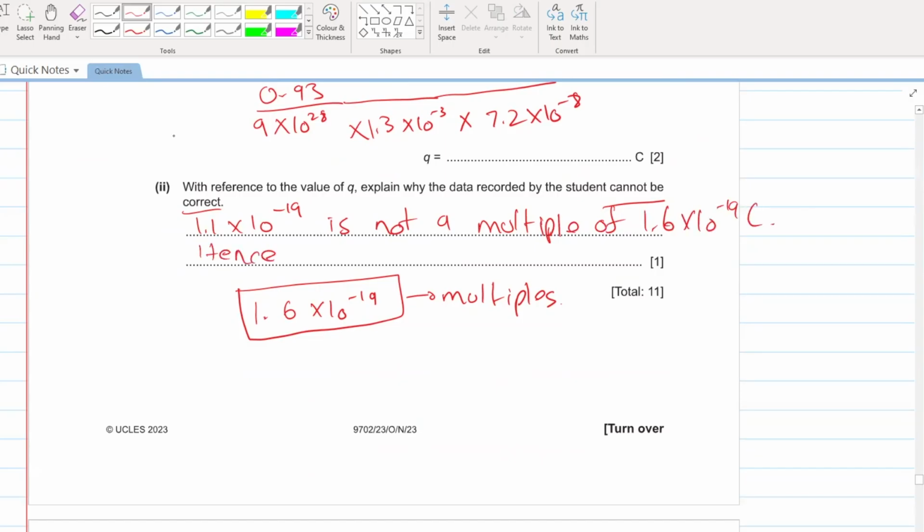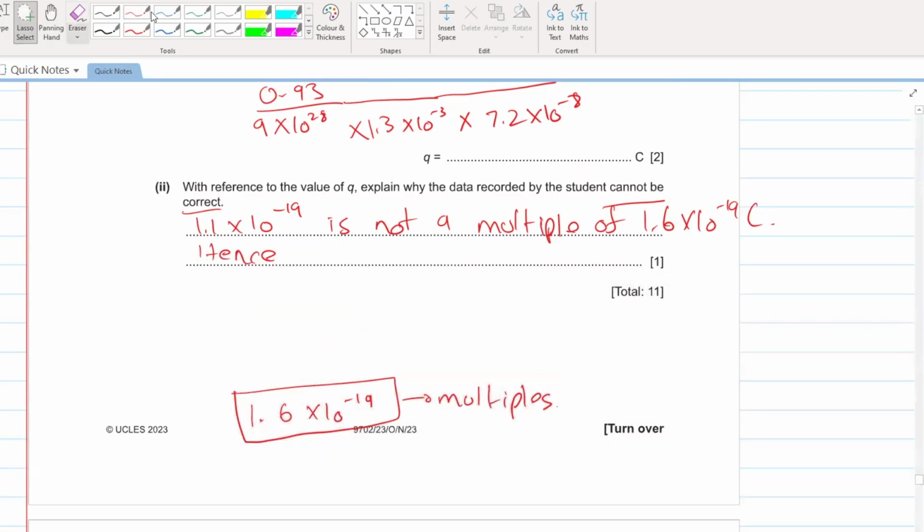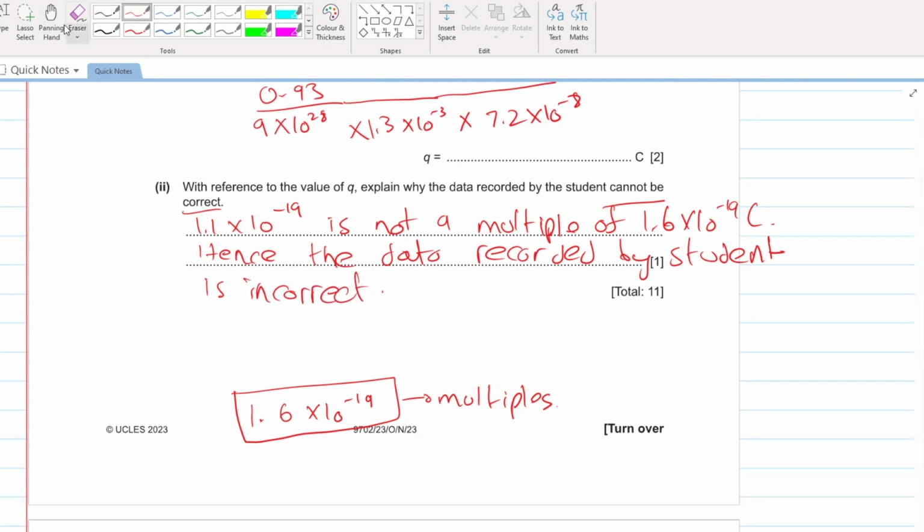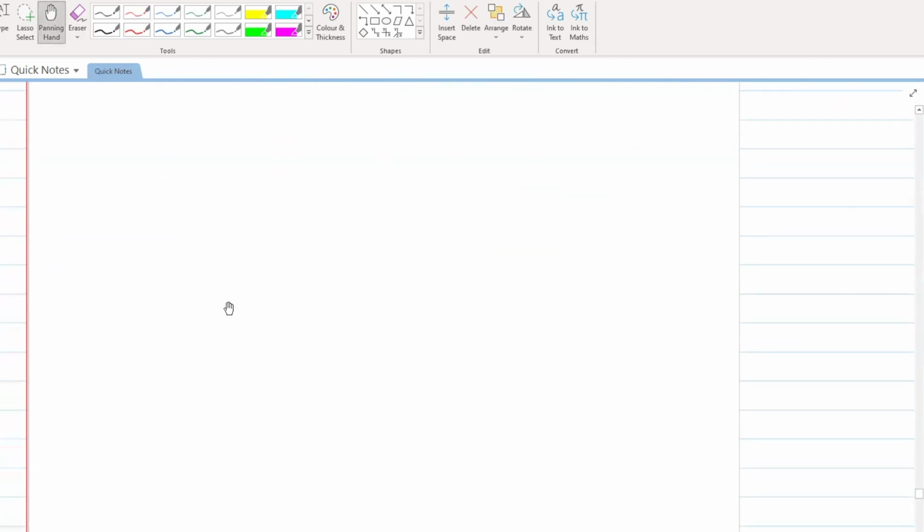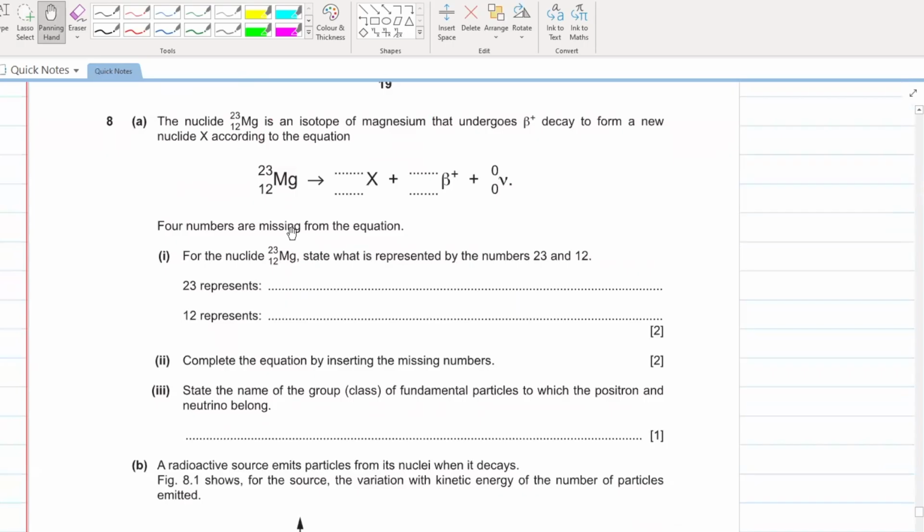Hence, the data recorded by the student is incorrect. Simple as that. Let's further move ahead. The last question for today.